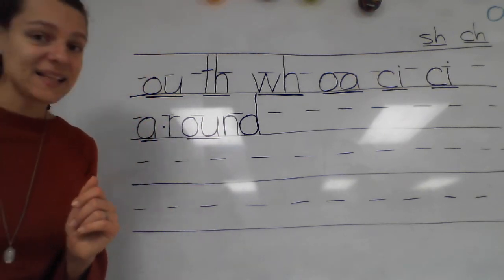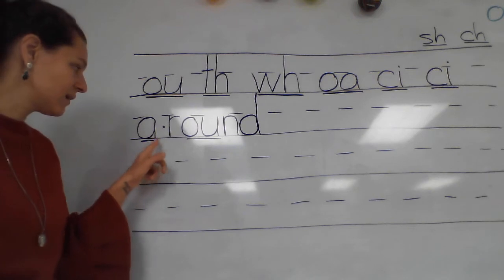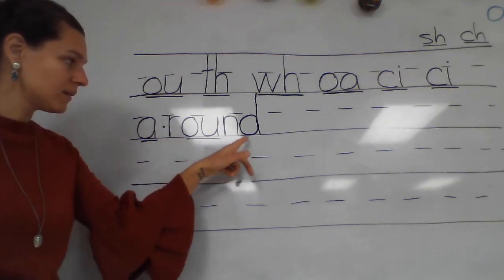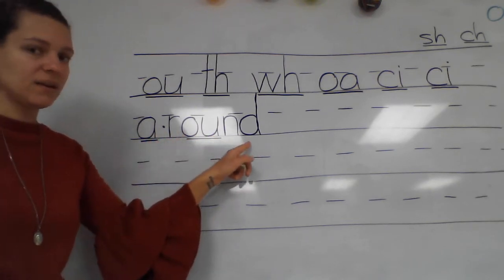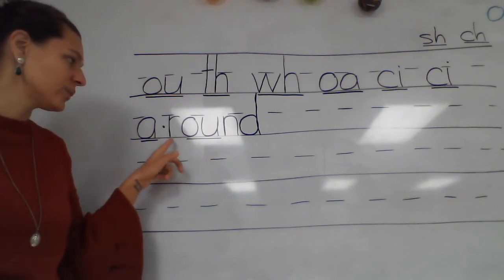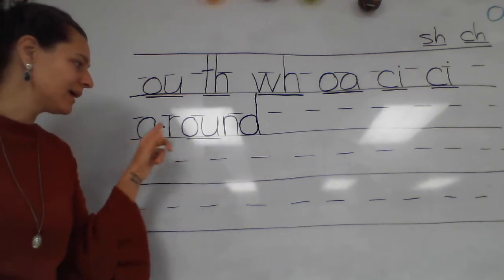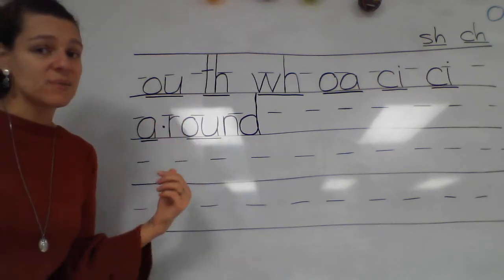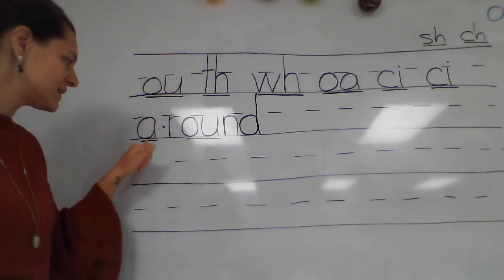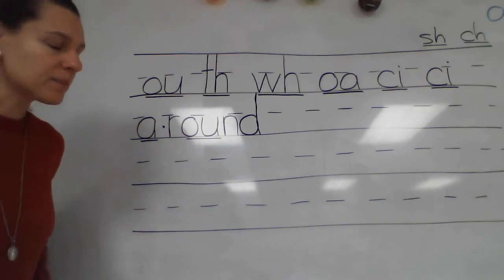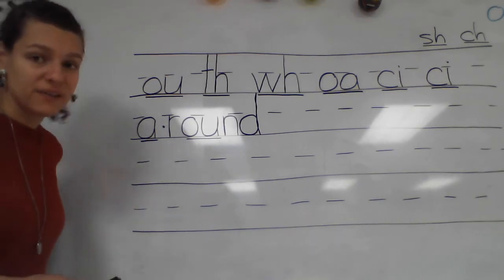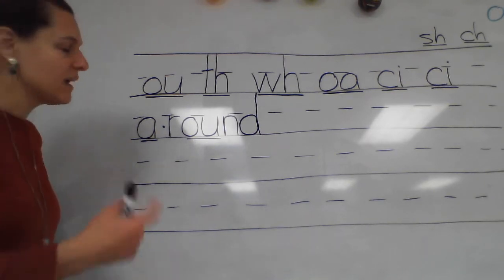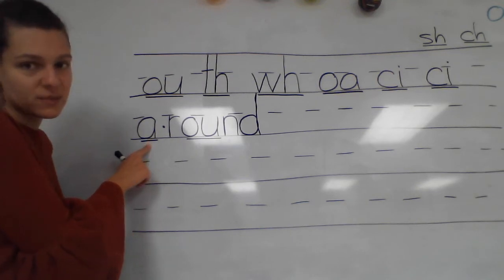All right, let's read our word. Good, it's A, R, N, D. Around. This one is a two-way word, but since we see this so often, we had mentioned prefixes, right? A prefix is something that goes in front of a base word.